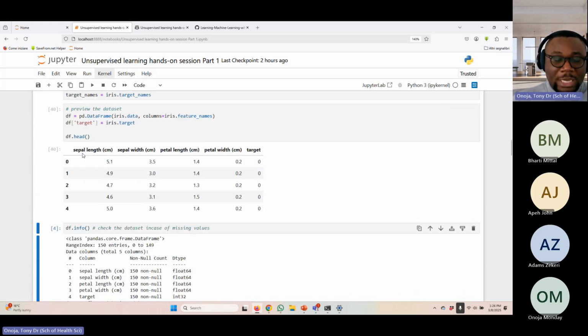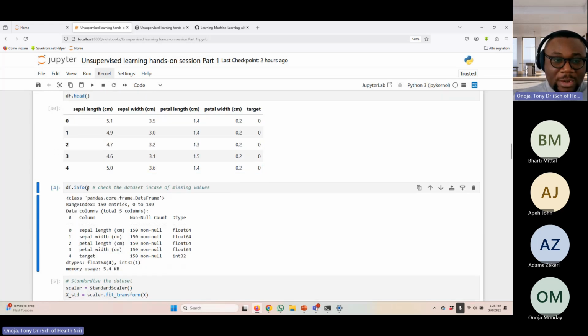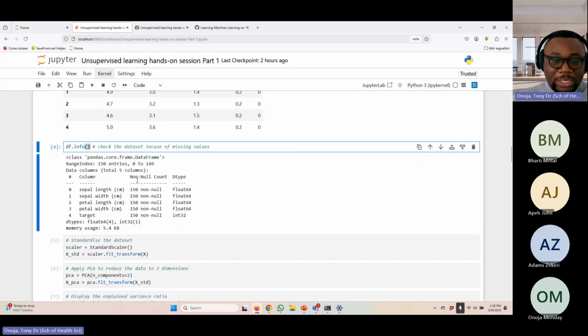So you could preview the head of the first five rows of the data set, which shows the sepal length, sepal width, and also the target. Then, like I always say, check if there are missing values. The df.info will help you see if there are any missing values.